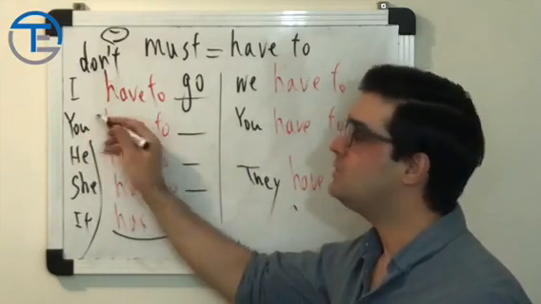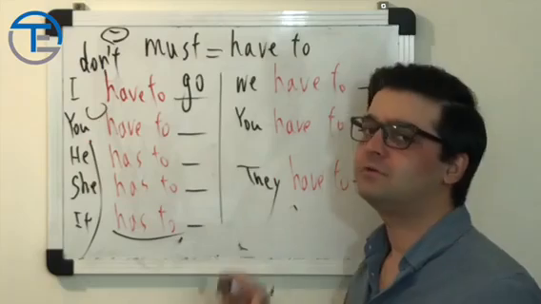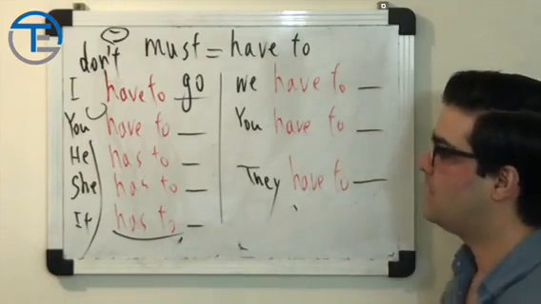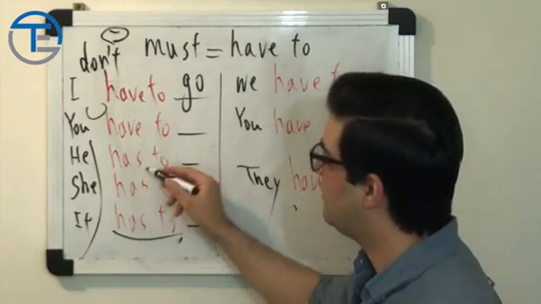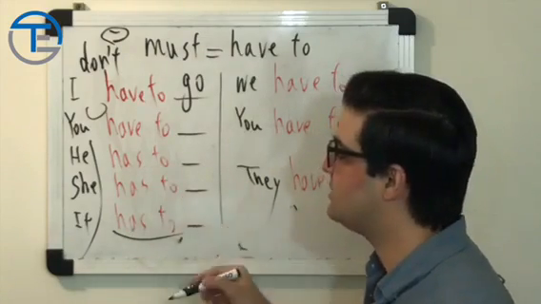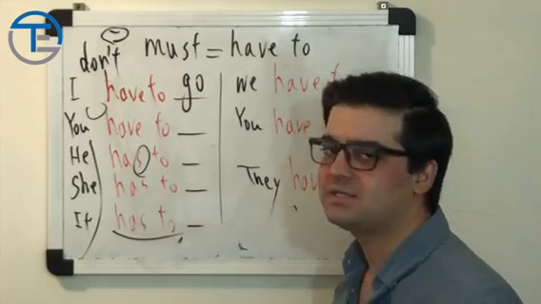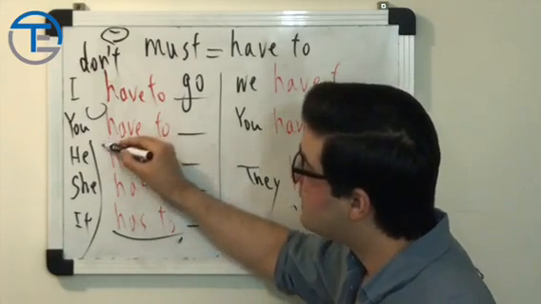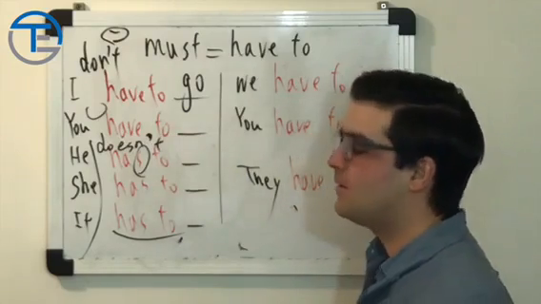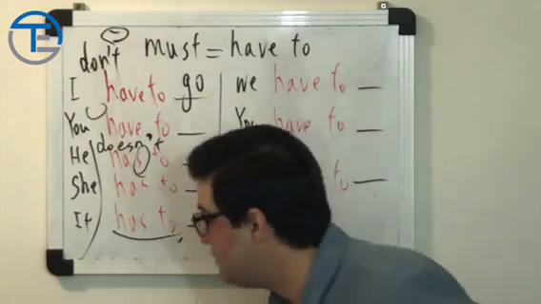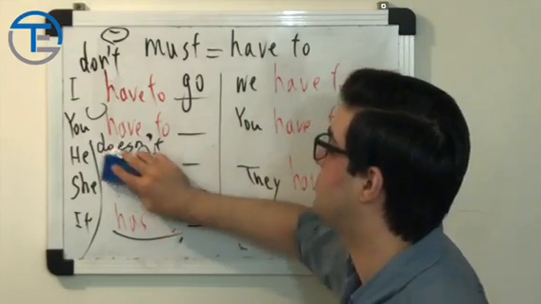You don't have to go. But here we have he, she, it. With has to, you have to change it. Because of s, use doesn't. Okay? Use doesn't in front of have to.